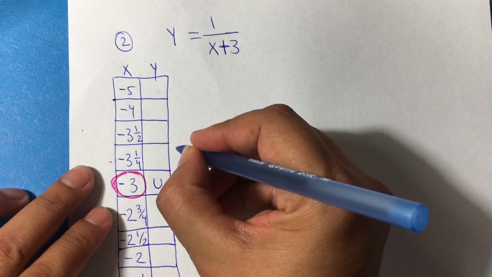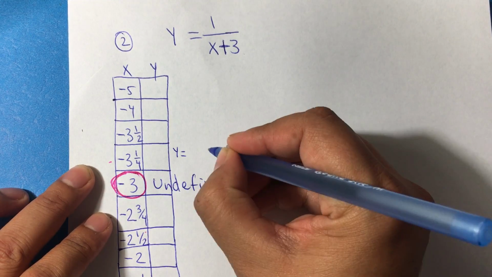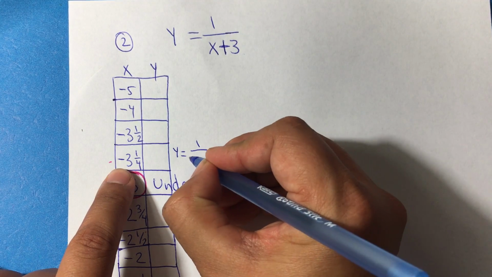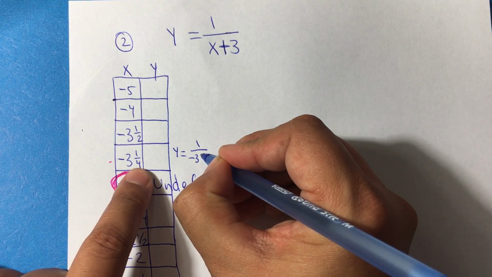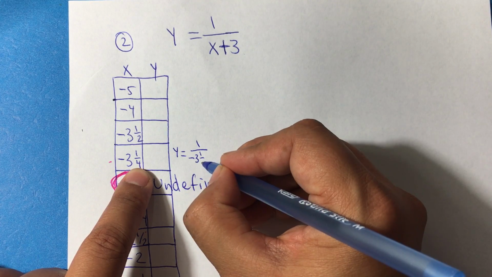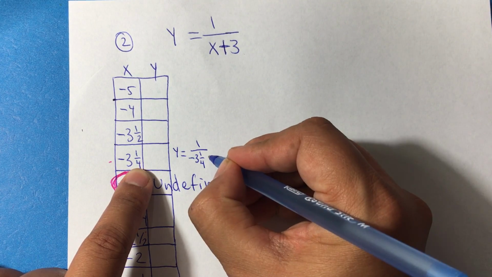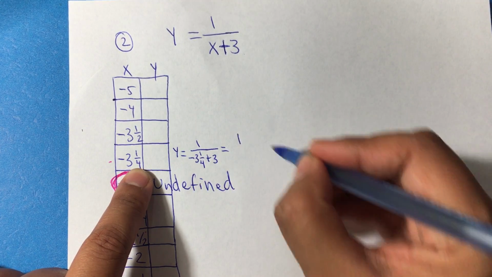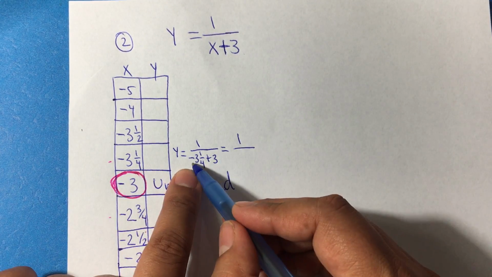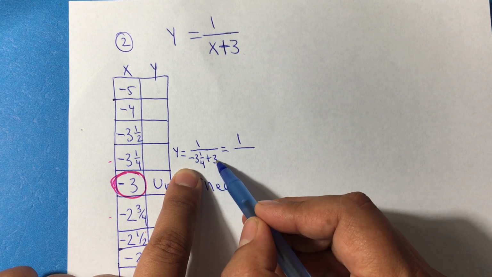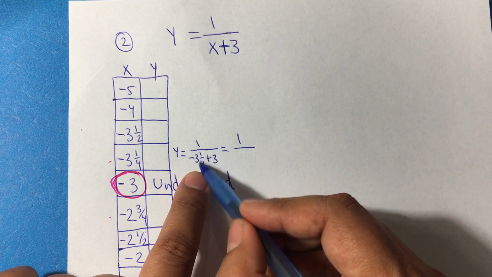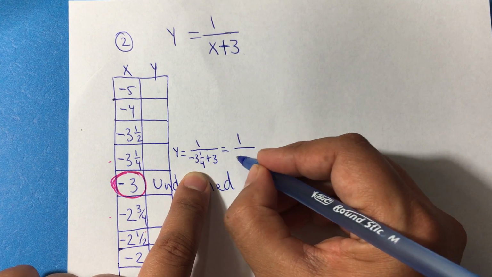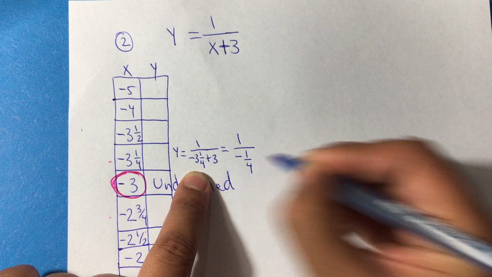From there, I start solving. So y is equal to 1 divided by -3 1/4, and you can put -3.25, it's the same thing, plus 3. And I put 1 over, if you see, I have -3 and +3, but I also have a -1/4, so the 3s cancel, but I only have -1/4.